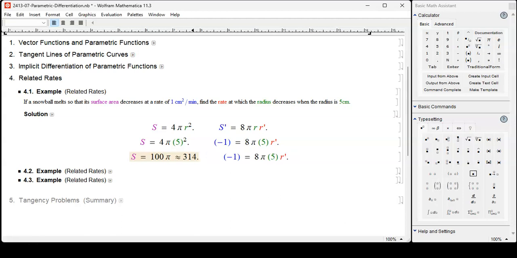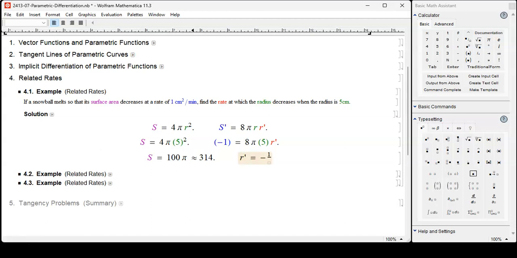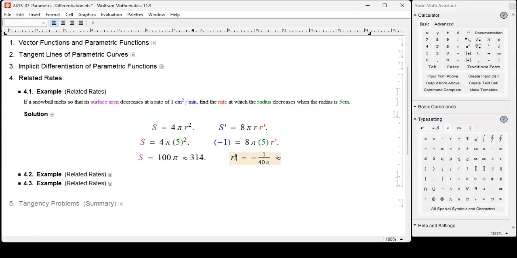Now, how about r prime? That's the main body of the problem. Let's divide everything away. Then you're going to get r prime equals -1 over, let's see, 8 times 5, 40 pi. And then this one, I need a calculator.